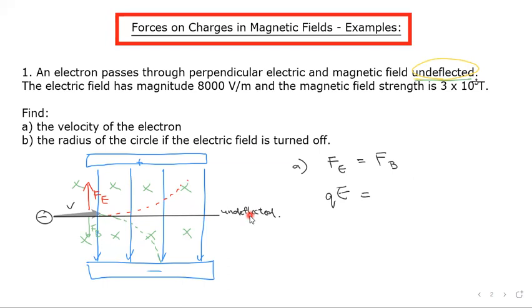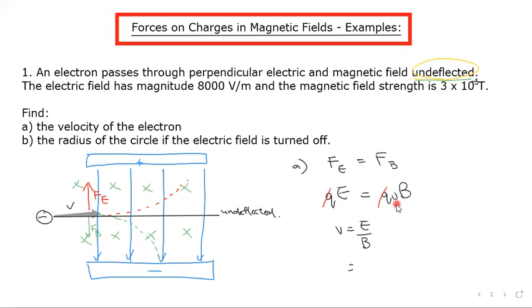Now, to calculate the force from the magnetic field, the formula for that is QVB. Now, there's QV perpendicular B or QVB sine theta, but in this case, because it is perpendicular, it is just QVB. We can quickly cancel out the Q, giving us V equals E over B. And as we have those numbers, we can just quickly work that out.